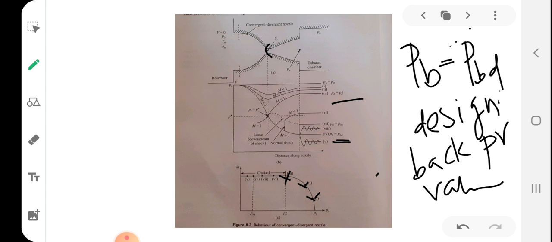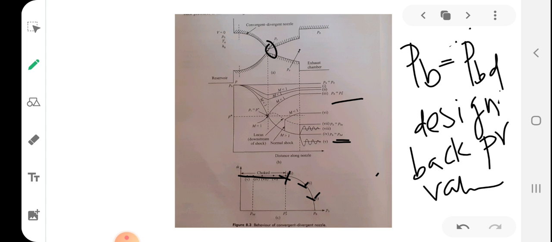Because at the minimum area, the throat area, Mach number has reached 1. When Mach 1 is reached at the minimum throat area, the maximum mass flow rate is achieved. After that, any further decrease in back pressure has no effect on mass flow rate, so mass flow rate remains constant.